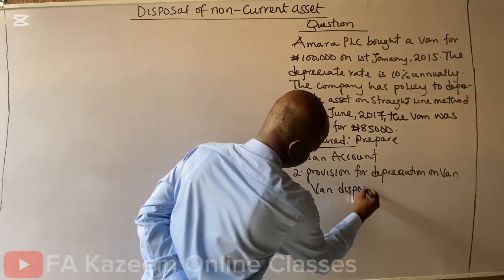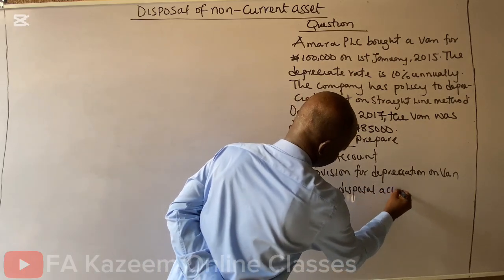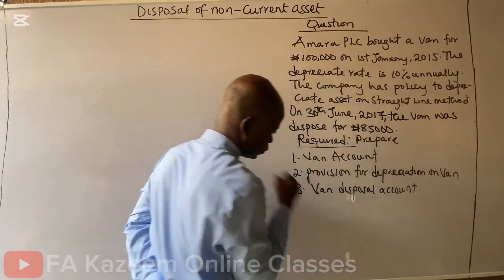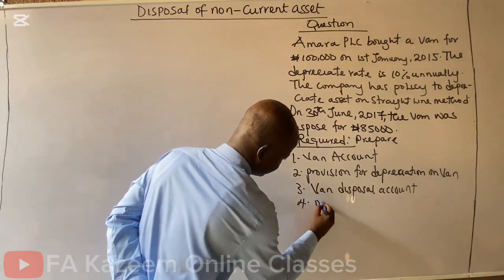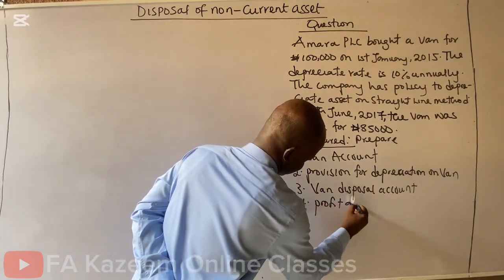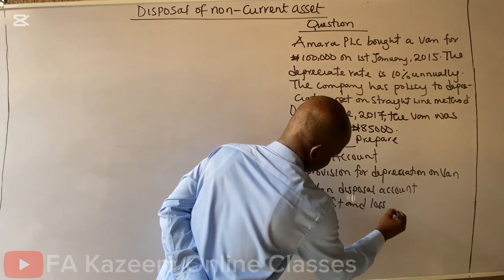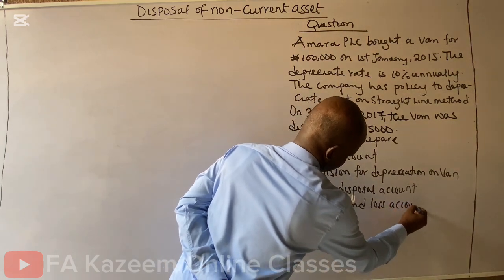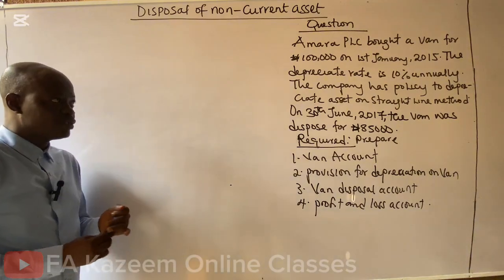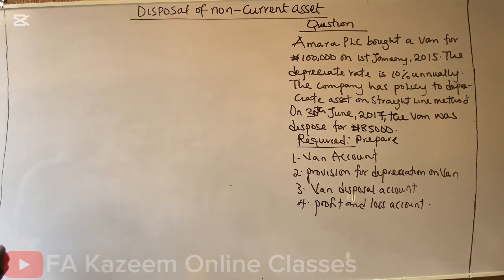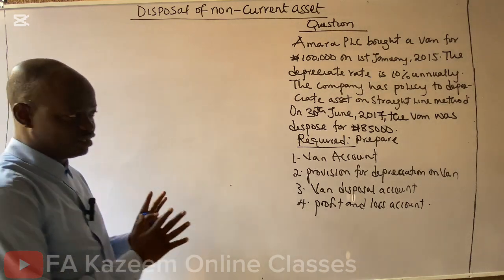Van disposal account. And 4. Profit and loss account. Now, this is an illustration that needs solution. This is just one asset.